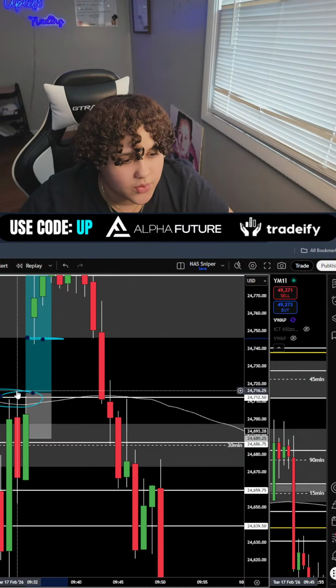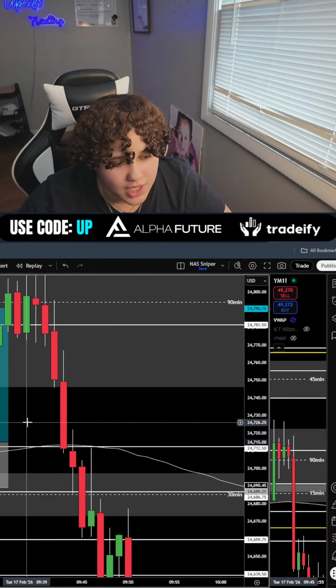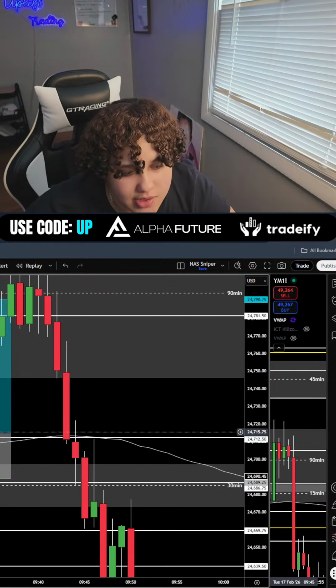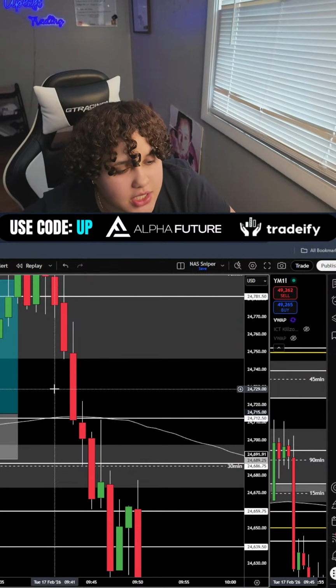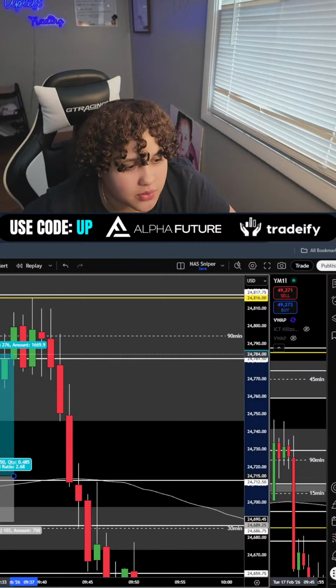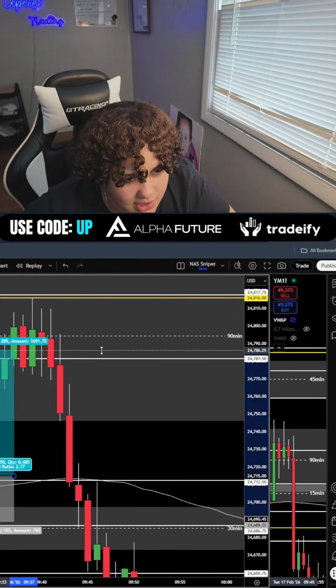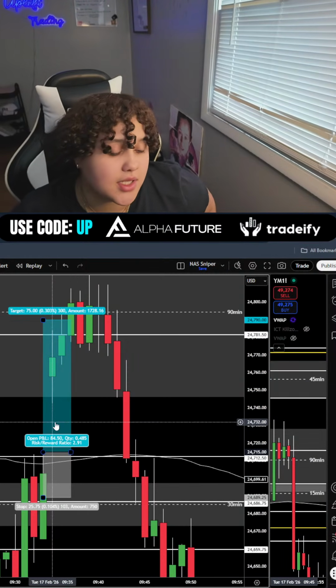So that's why I placed the entry for long there. It honestly is a breakout trade, right? We're breaking out of this area that has been rejecting. And then I targeted a 1 to 3, which could have been this 50% line here. But in reality, I was just looking for 75 points or 300 ticks.